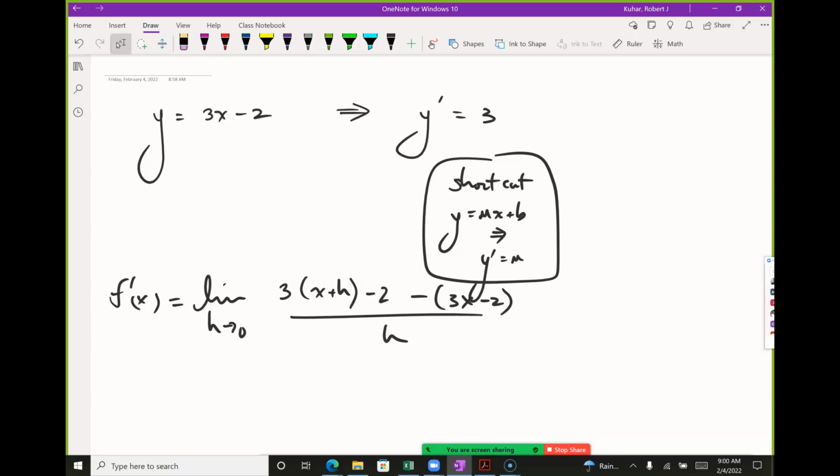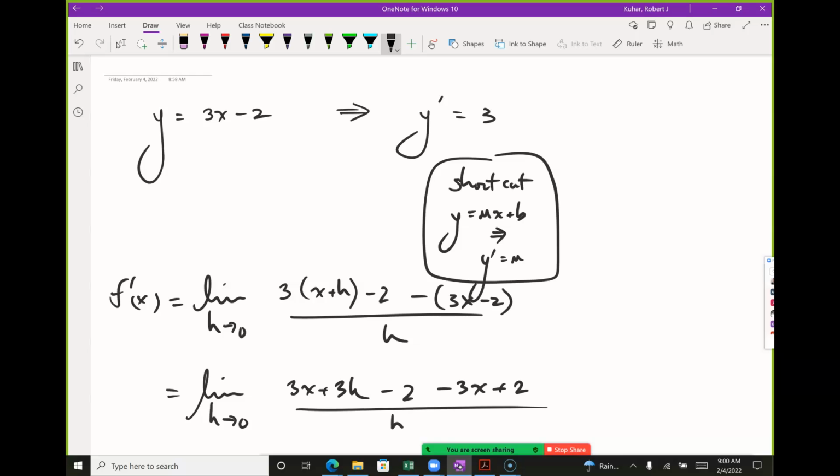Nice. So now I'm going to expand and simplify upstairs. I've got the limit as h goes to 0 of 3x plus 3h minus 2 minus 3x plus 2. The trick here is, if you have non-h terms, they should go away.